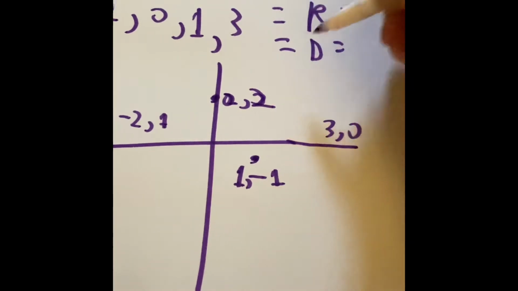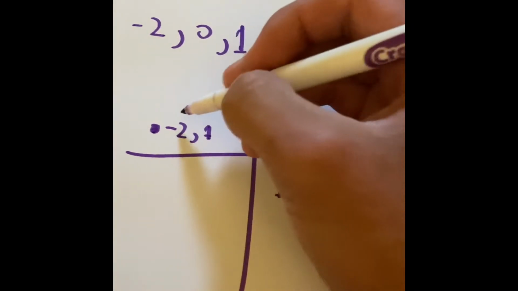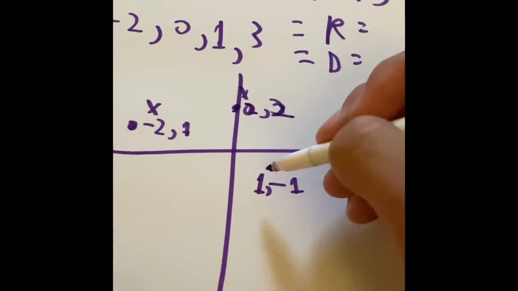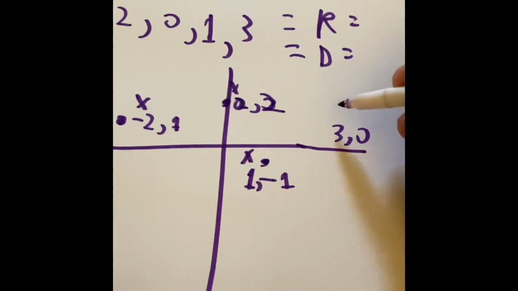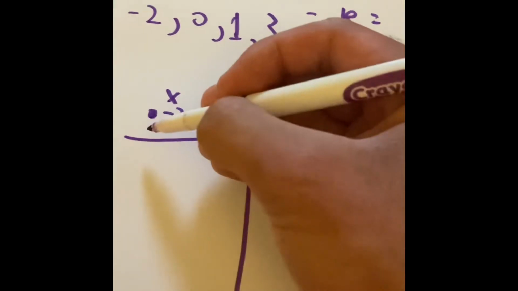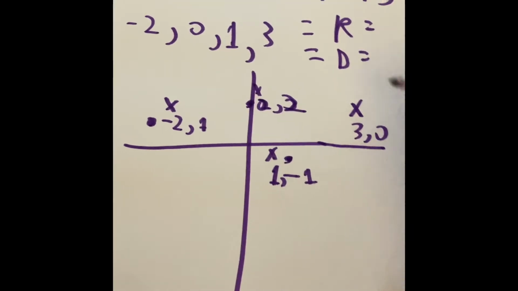That is going to be our domain, what we inserted for x, because all these numbers, -2, 0, 1, and 3, are actually on the x-axis going this way and that way, left and right.